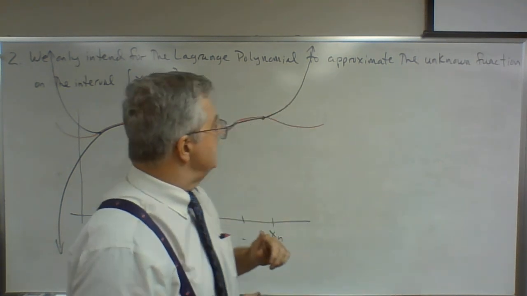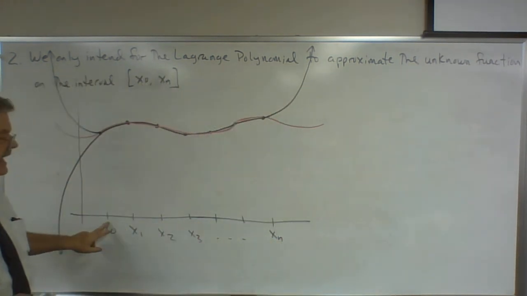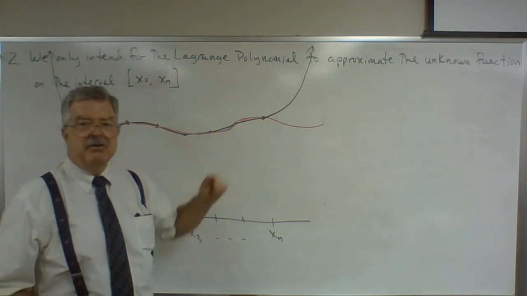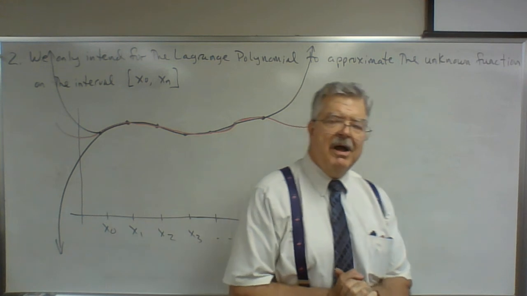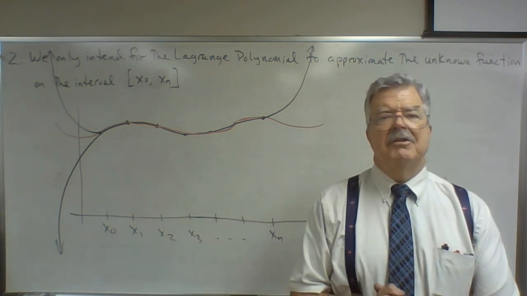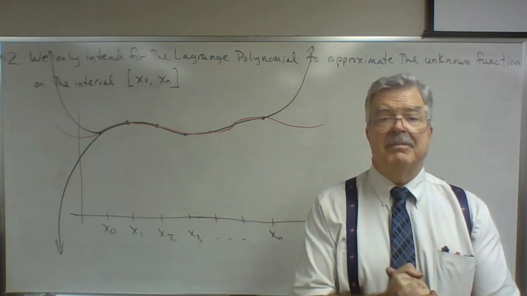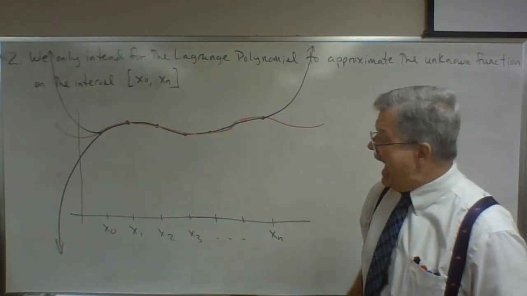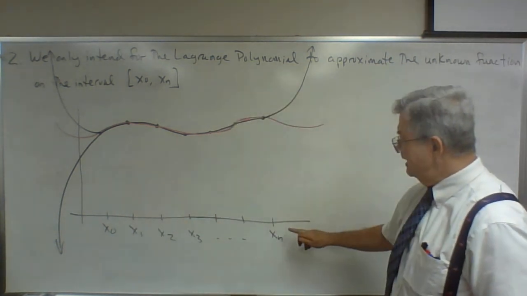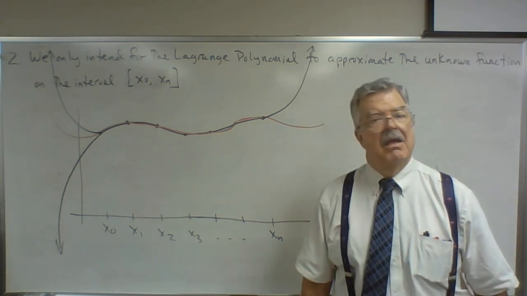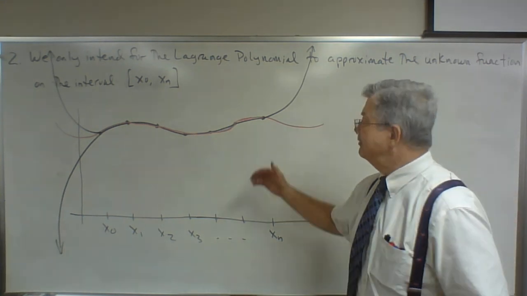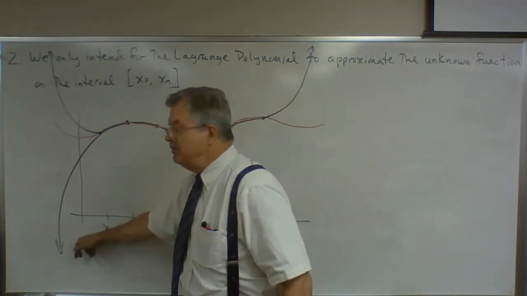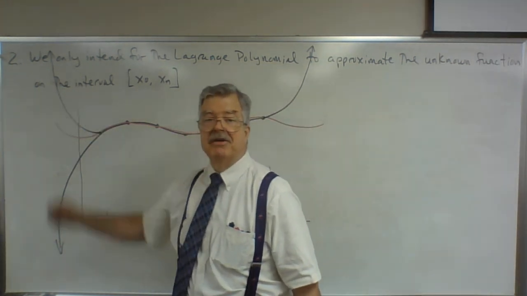So only between x0 and xn do we consider our Lagrange polynomial to be a legitimate tool for approximating the unknown function. Outside of the interval from x0 to xn, hey, this thing's going to go to positive infinity and over here to negative infinity or positive infinity.